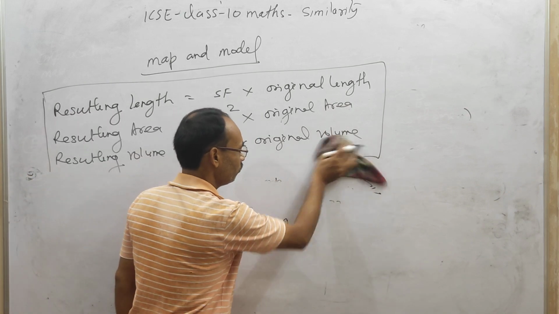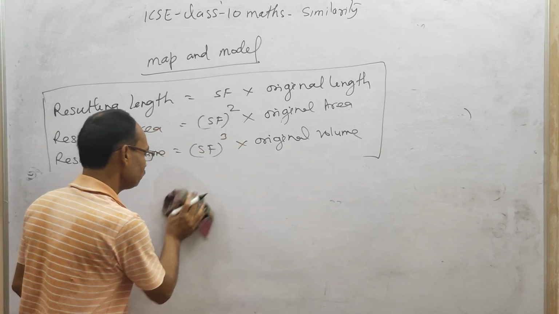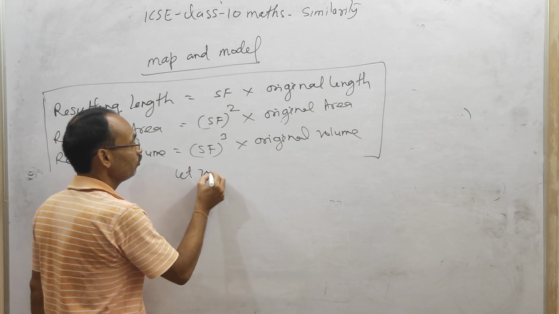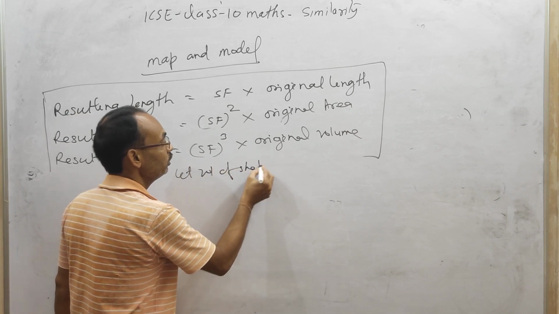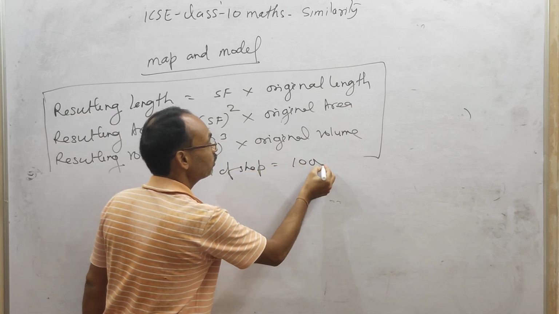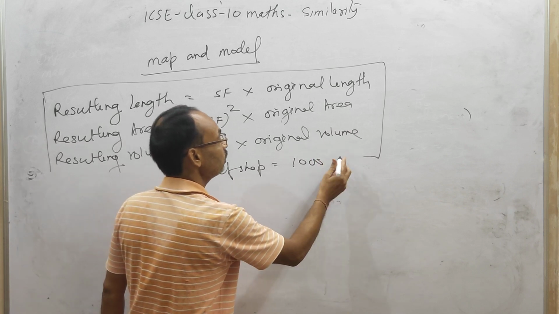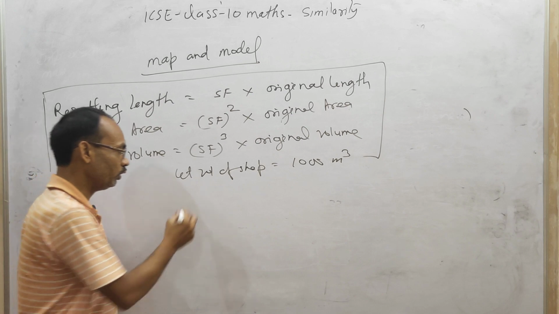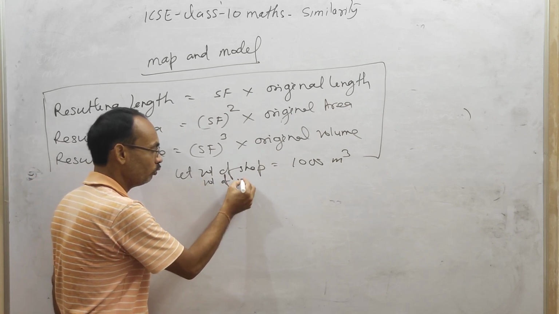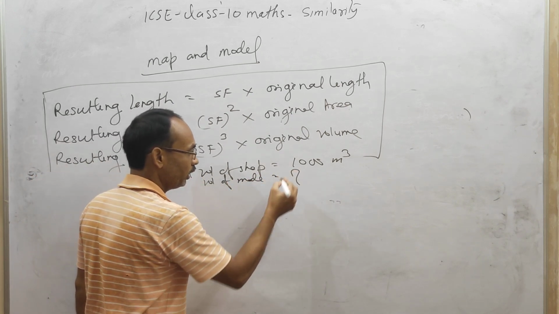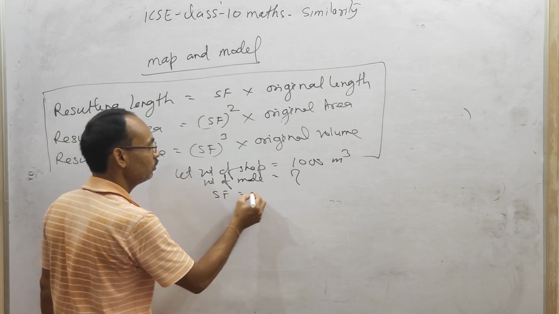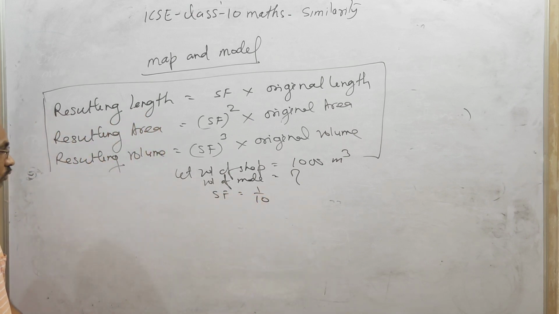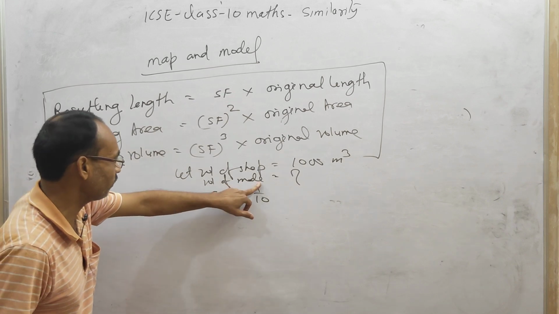You can also calculate the volume of any body. Let the volume of a ship be given as 1000 meter cube, then what is the volume of the model? The scale factor is given as 1:10.